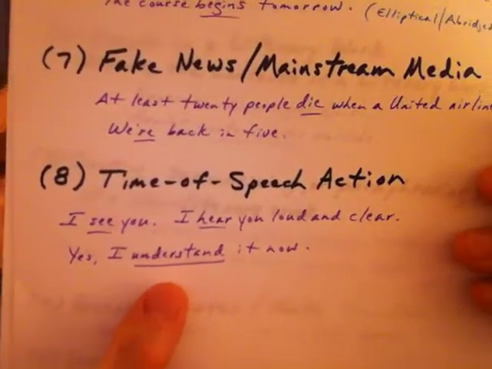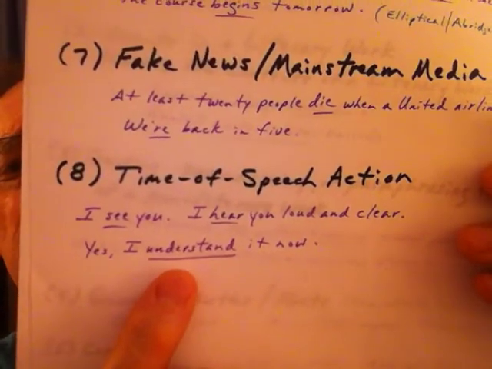And then finally, there's the category of time of speech action. An example would be, I see you, or I hear you loud and clear, or yes, I understand it now. So you see you're using the verb base form in each sentence.